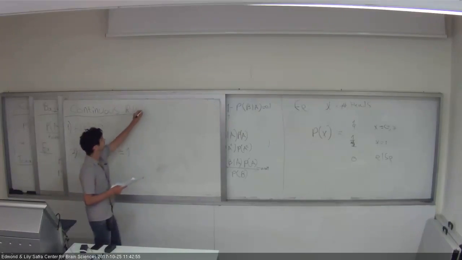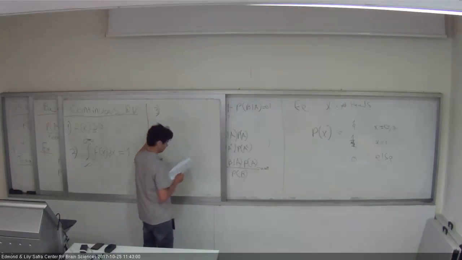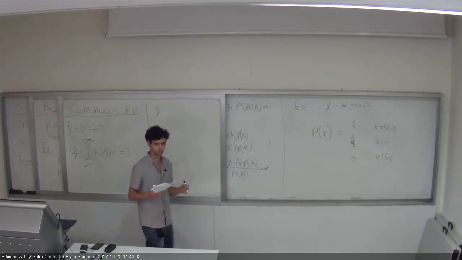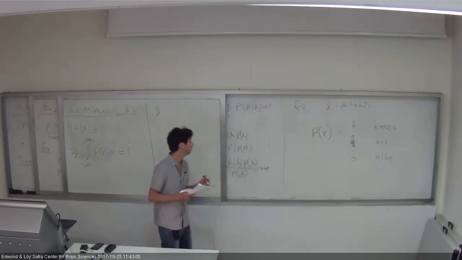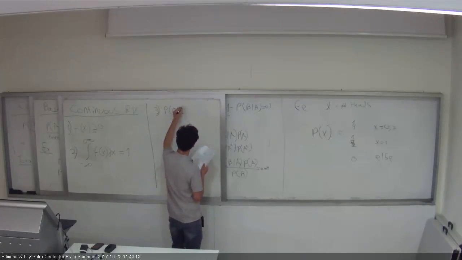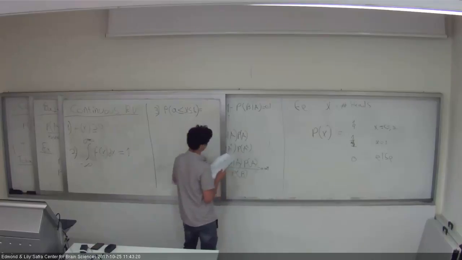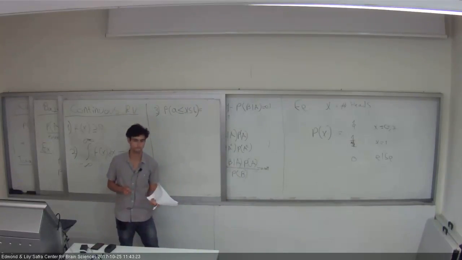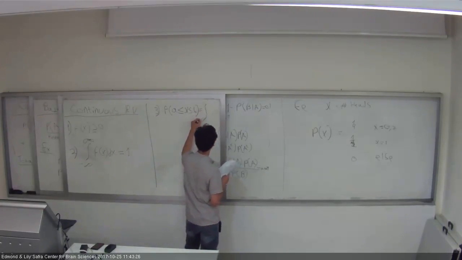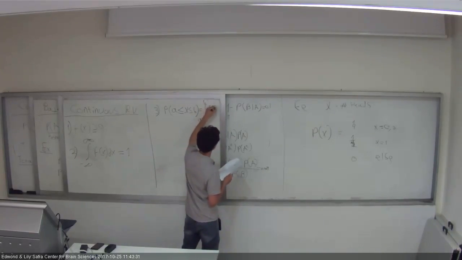And the third condition is that for every interval a and b, the probability that X is in this interval is equal to the integral from a to b of f(x) dx.